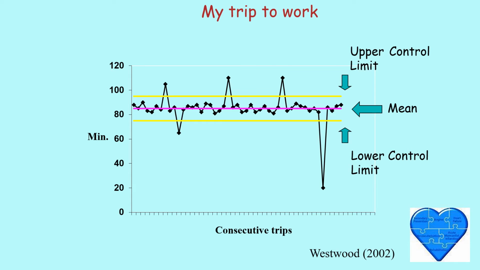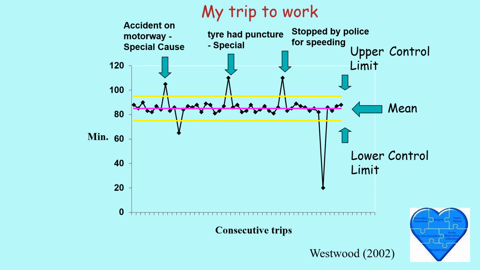These limits allow a distinction to be made between common cause variation that occur in the data falling between the control limits and those data, if any, that fall outside the limits, which indicate the presence of special cause variation. In this example, there are three instances of special cause variation which are adverse.